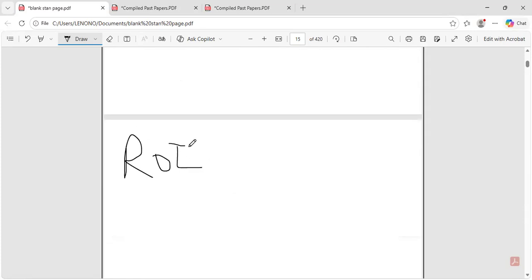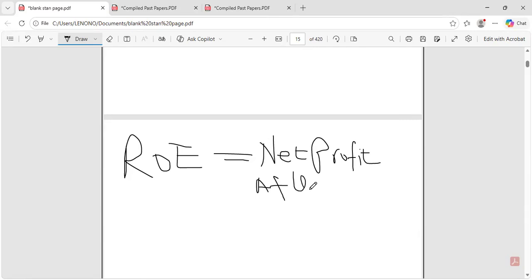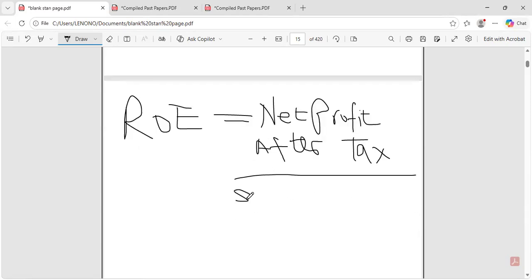Return on equity is equal to net profit after tax over shareholders' equity.